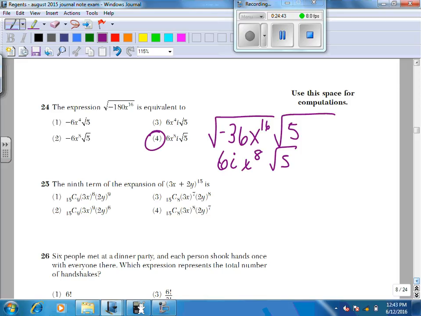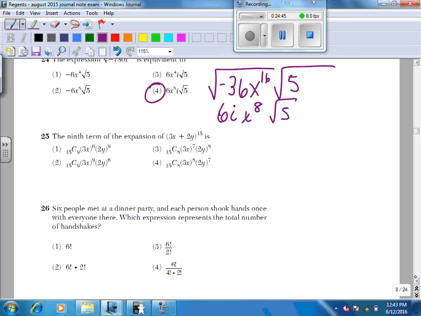Number 25, the 9th term of this expansion. So the 9th term means we would start with 15C0 and have to count all the way till we get to the 9th term. Well, this is the first. 15C1 would be the second, so 15C8 would start the ninth term. You see how this is always one less? In the first parenthesis, we'd put our a value, which is 3x.